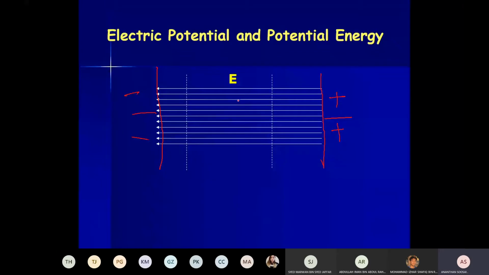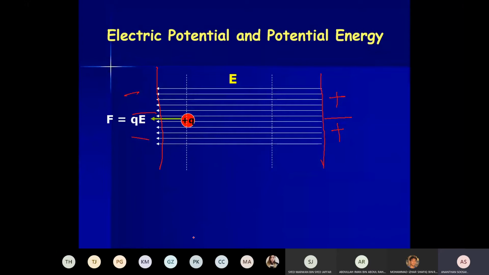Okay, now let's see. We have a charge here, positive charge here. Of course, the force due to the field is to the left, because positive charge is attracted to the negative plate, and the force we know is QE.